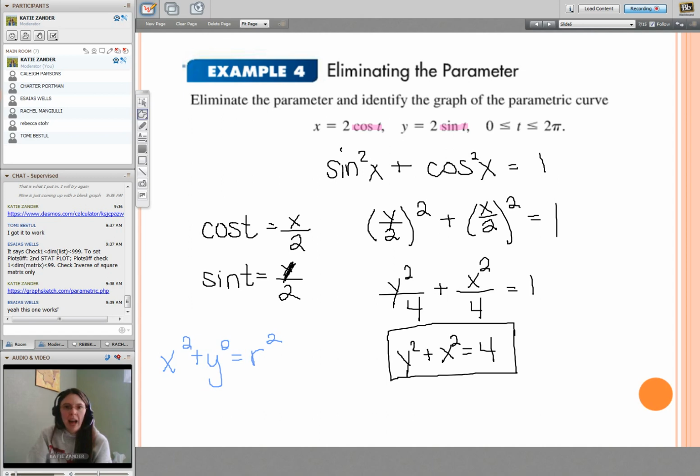You have to hit plot, I believe, before you can get it to graph. And make sure you're putting parentheses around the t's. When I first did it, I accidentally did not put parentheses around the t, and it gave me an error. But once I put the parentheses around the t, it worked better.